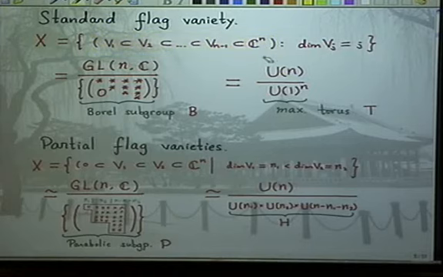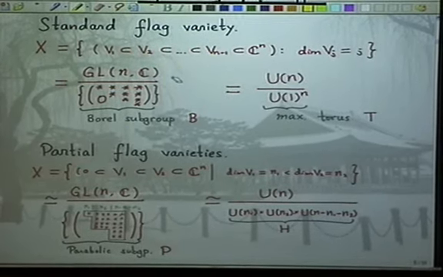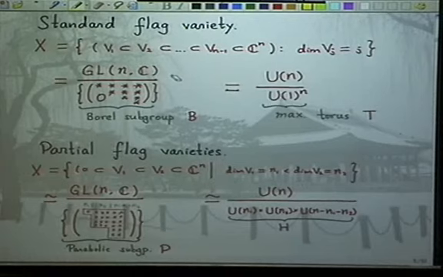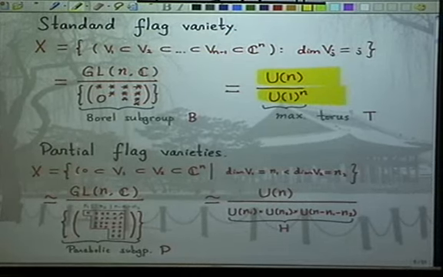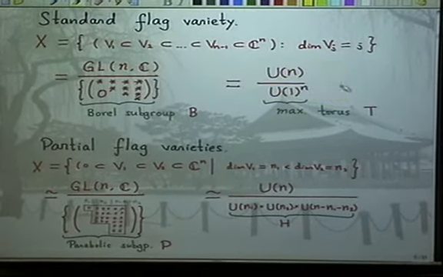So the way that we write it as G over B in this case is GL_n(C) divided by the Borel subgroup, which you can choose to be the upper triangular matrices. And you also have another description: once you choose the metric, you can reduce it to the maximal compact subgroup. You can also write this as U(n) over U(1)^n. So there are two descriptions.